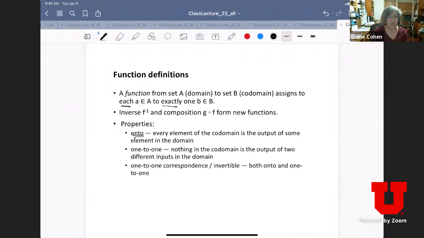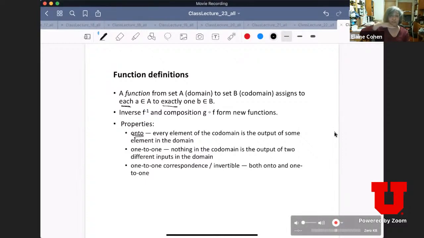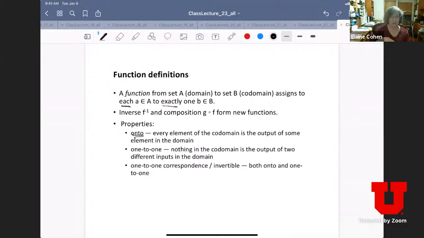What that means is if you take two different values in the domain, they go to two different values in the codomain. And finally, the notion of one-to-one correspondence or invertible or bijection. That means it's both onto and one-to-one. And if you remember, there were rules for finite sets, what you know about the number of elements in each set when different things apply.